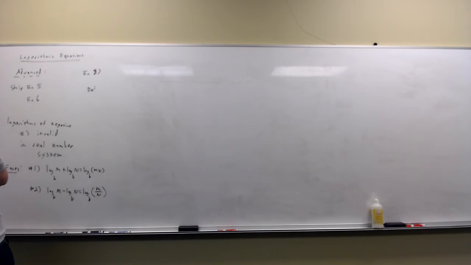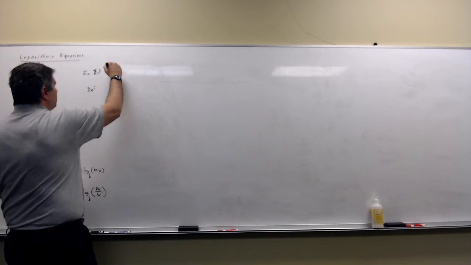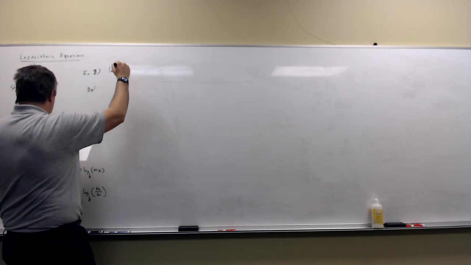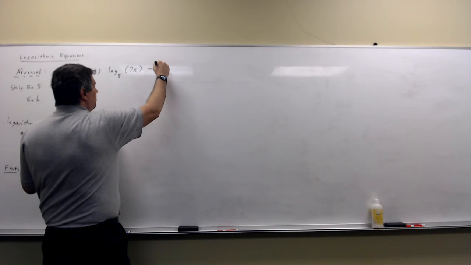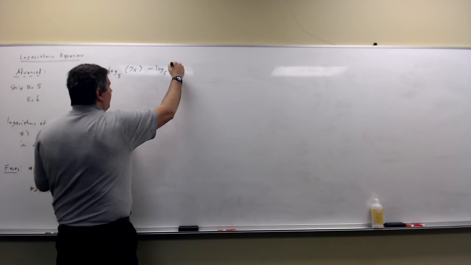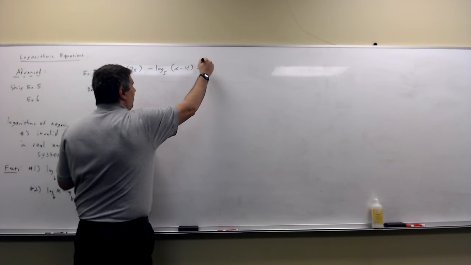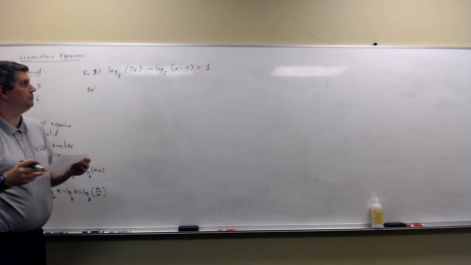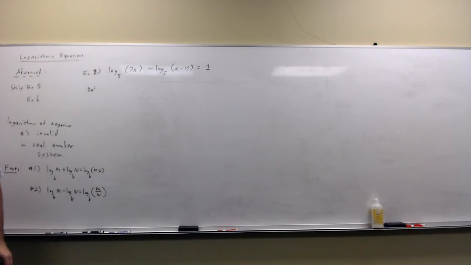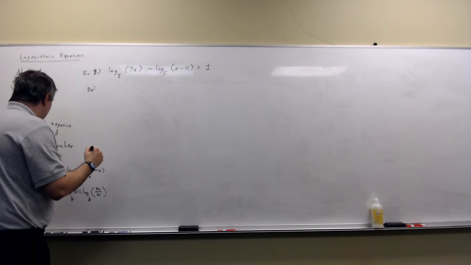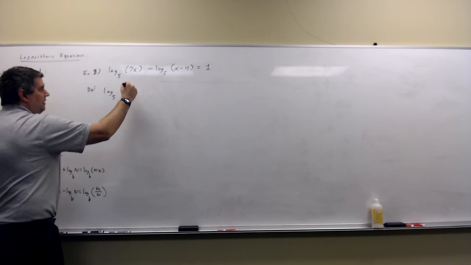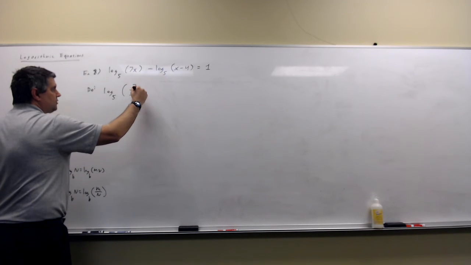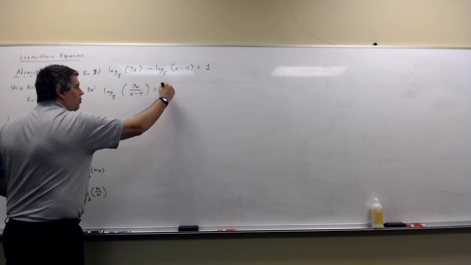Okay, example 8, I have log base 5 of 7x minus log base 5 of x minus 4 equals 1. Using this rule, we have log base 5 of 7x over x minus 4 equals 1.